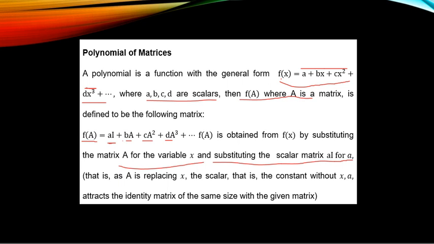That is, the constant without s attracts the identity matrix of the same order or dimension as the given matrix. Are you following? Yes, sir. All right.